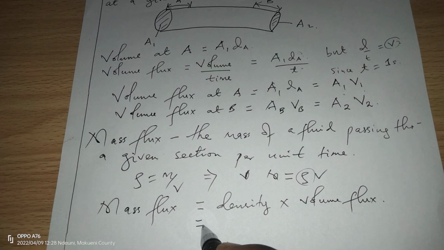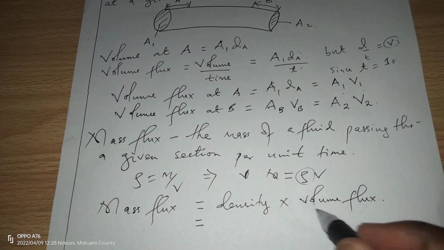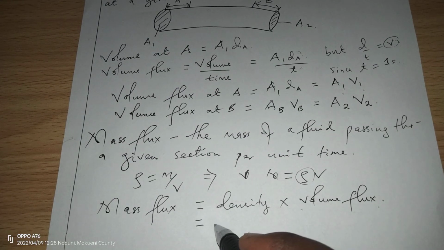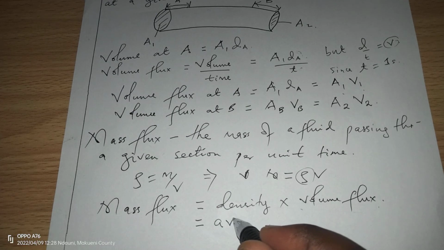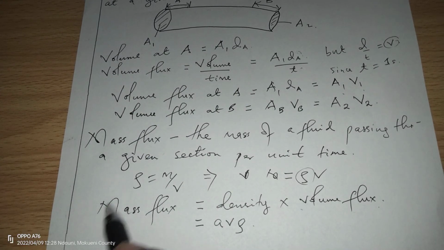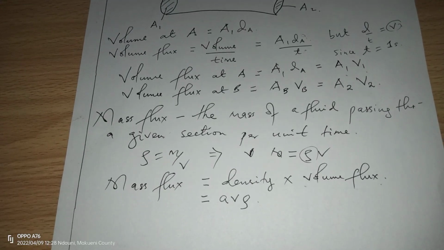And using initials, we can say volume flux, which is area times velocity, then will be multiplied by density to give us mass flux.